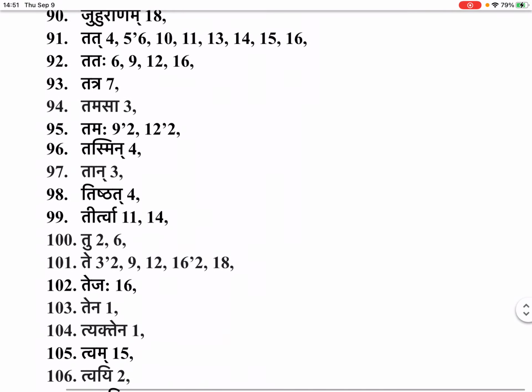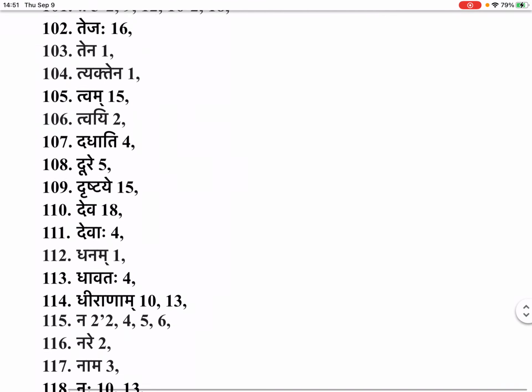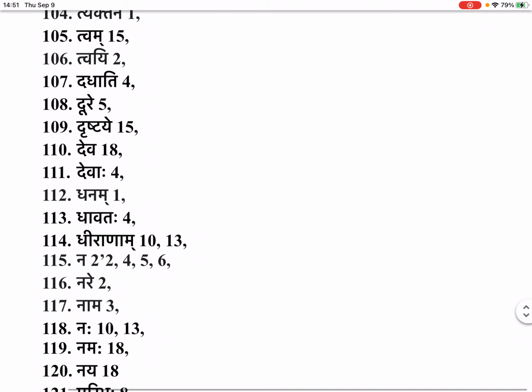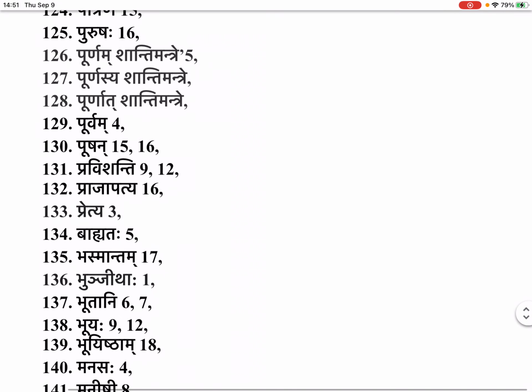Tataha 6, 9, 12, 16. Te, it appears 3'2, that is 2, 3, 4, 5, 6, 7 times. Tena, tyaktena, tvam, deva, devaha, dhanam, dhavataha, dhiranam. Na appears 2'2, that is 2, 4, 5, 6, 3, 4, 5. Nare, nama, naha, purnam, Shanti Mantre 5, like what I mentioned.